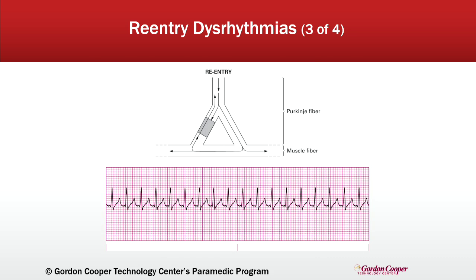So when we look at this, let's just take a quick gander. 1, 2, 3, 4, 5, 6, 7, 8, 9, 10, 11, 12, 13, 14, 15, 16, 17, 18. We have a heart rate of about 180. The rhythm looks quite regular. P waves, that could potentially be a P wave.